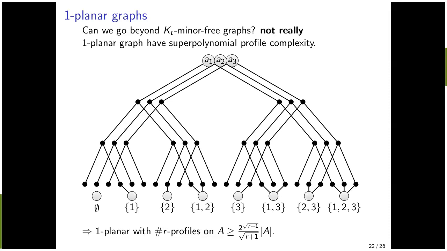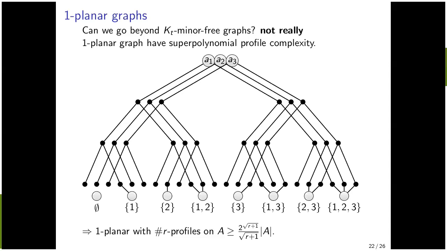So we have 2 to the square root r distinct intersections between A and balls of radius r. Of course, this is at distance square root r, but the graph is not one planar. So now we subdivide every edge square root r times. And now the graph is one planar. And now if we look at balls of radius r, not square root r, we have at least 2 to the square root r distinct intersections with A.